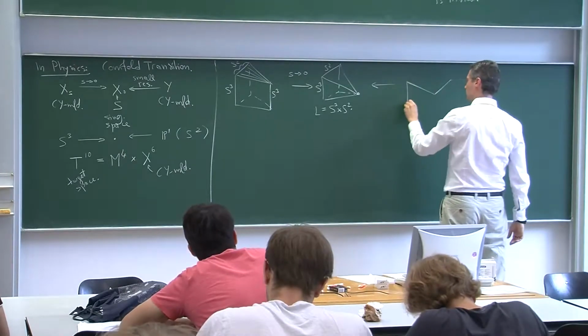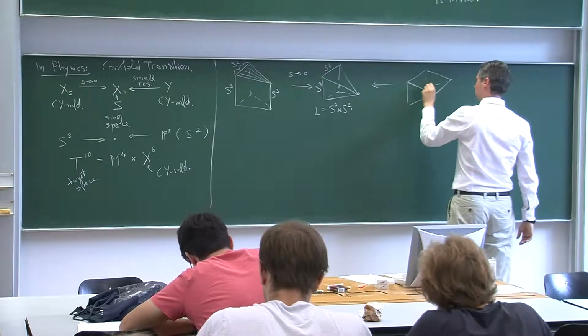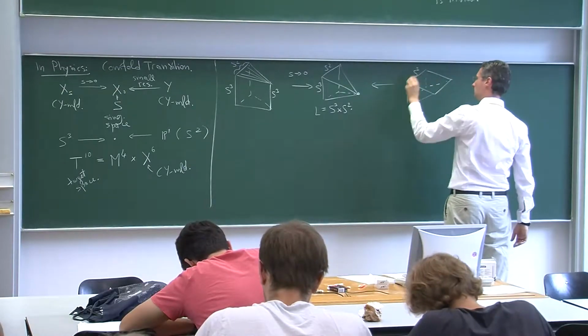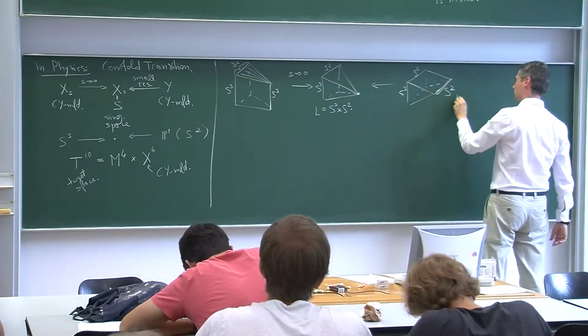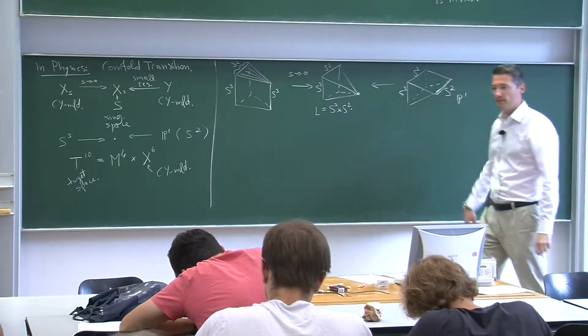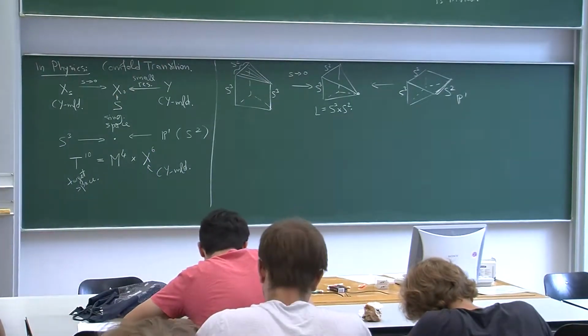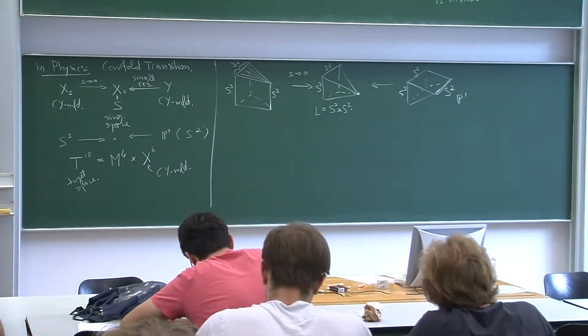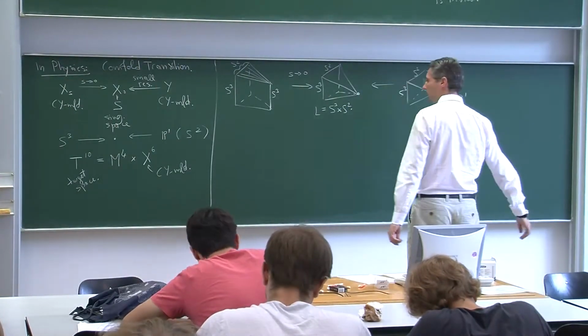So then I would draw it like this. Here you see the P1s replacing the point. This is what locally happens near the singularities we're interested in. That's how you should imagine these conifold transitions topologically.